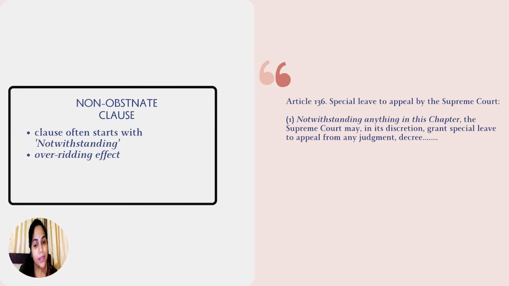This clause basically removes all barriers which might arise out of any other law in the way of operating the principal provision, right? So wherever, under a section, you see the term notwithstanding, that provision will have prevailing effect over contrary sections or provisions.